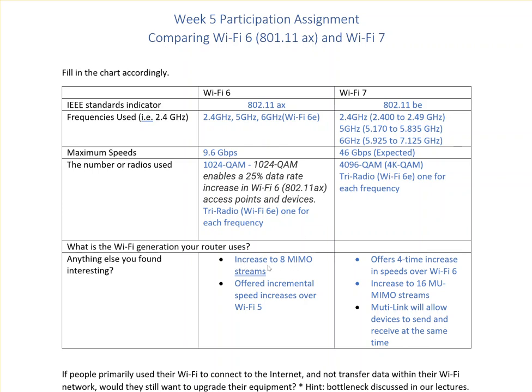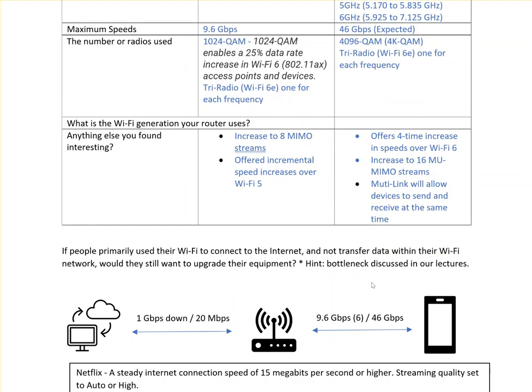Well, down here we use 8 streams to transfer data back and forth. Here we use 16 streams, but here's the cool thing. With this protocol change and more efficient protocol, if we go from 8 to 16, that's 2 times. But notice this actually provides 4-time increase in speeds. Why? Because the protocol has been made more efficient, plus we're using more radios and etc.